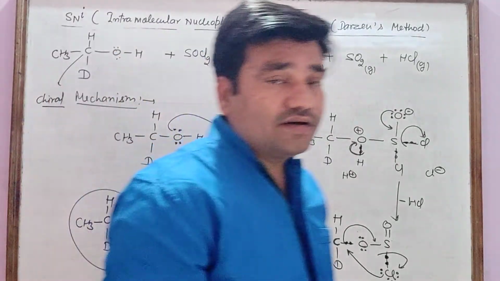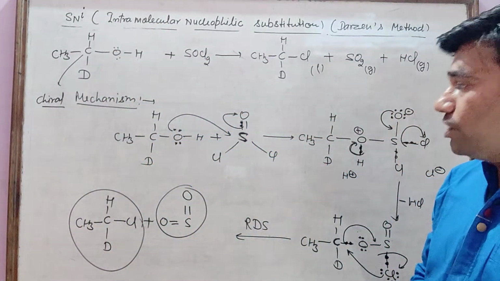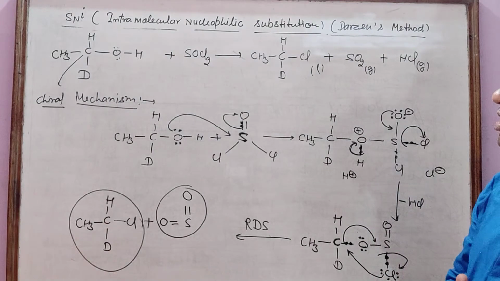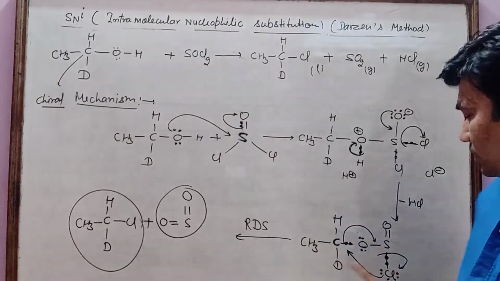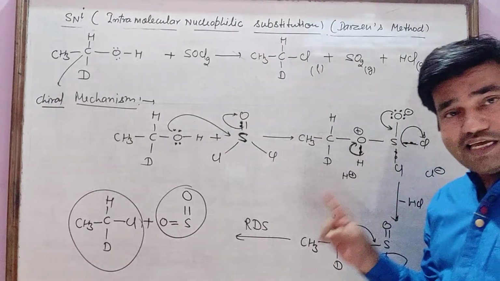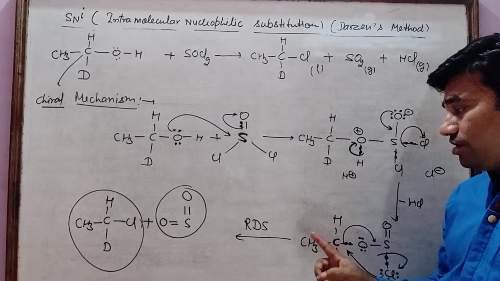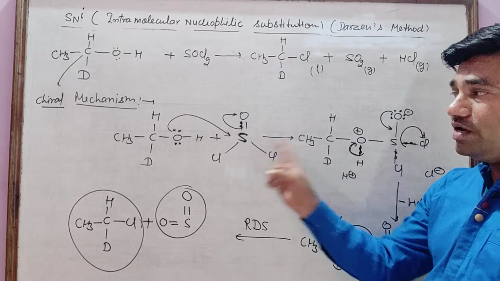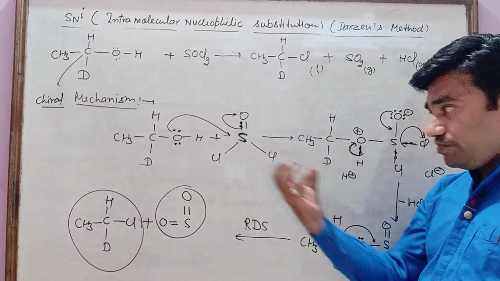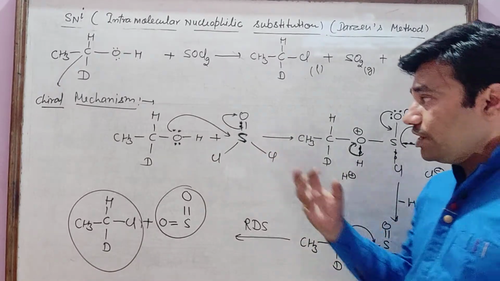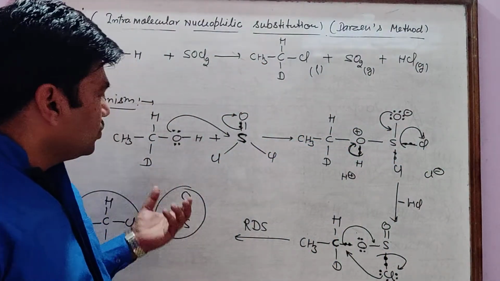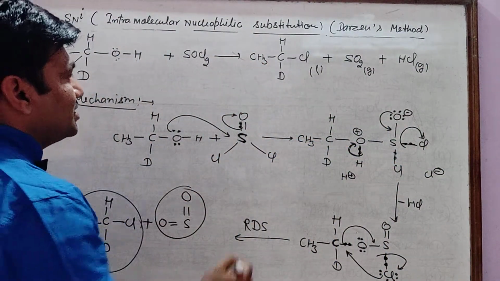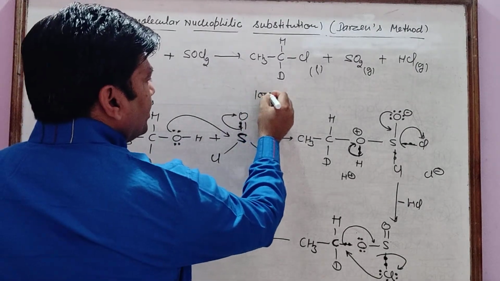So you will get a retained product. In this mechanism, you can see the chlorine atom is attached to the same side where the OH, the leaving group, is eliminated, right? The OH group is eliminated. So that is why in this reaction you will get 100% retained product.